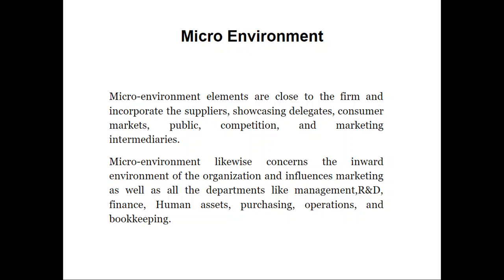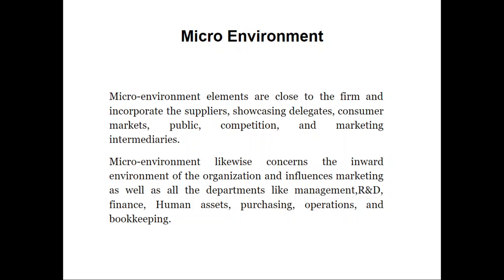The elements of micro environment are varied, and to some extent it is all within the organization. The name itself says that it is all micro in nature, which can be to some extent controlled easily by the organization itself if the right kind of environmental scanning is done at the right time. And these micro environment elements are close to the firm.